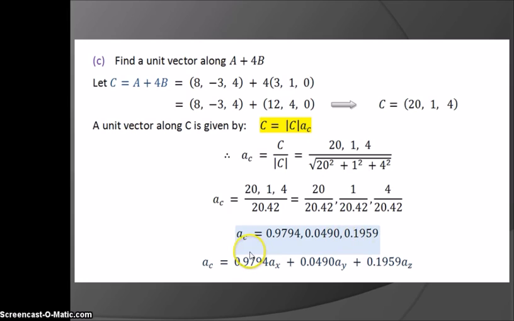Sorry. And a_C, which is the unit vector we're asked to find, will then be this. That's when we write the full form of the vector in rectangular Cartesian system.